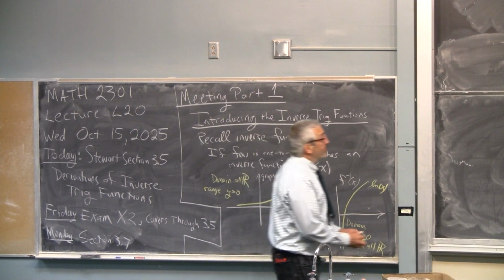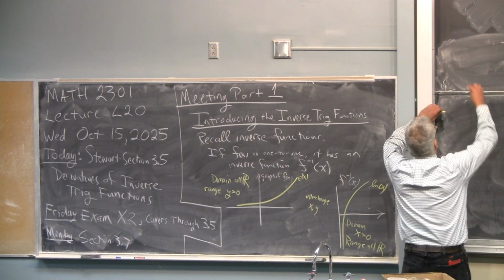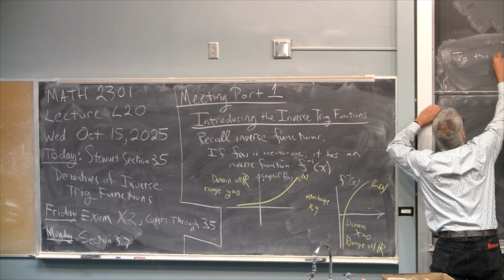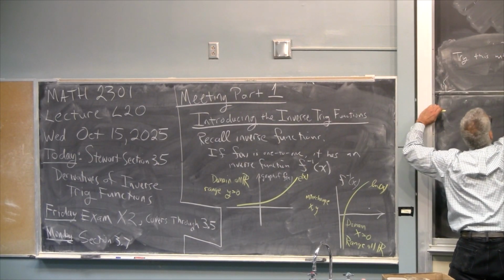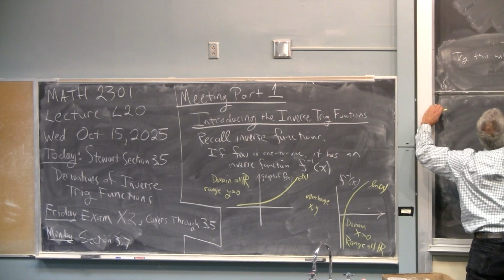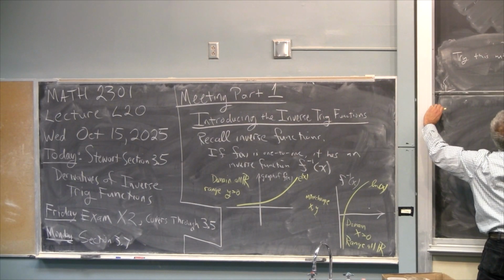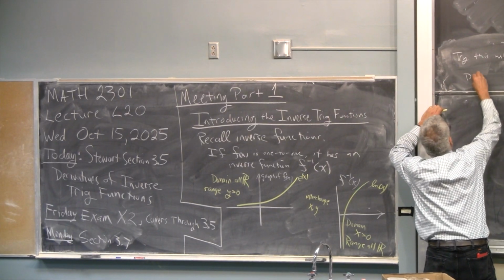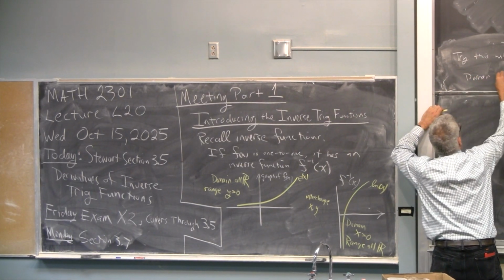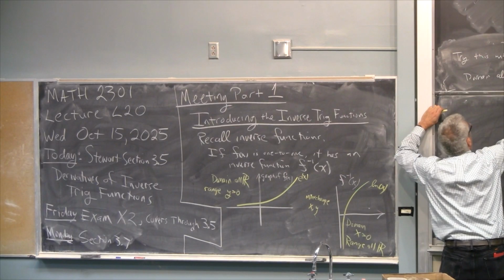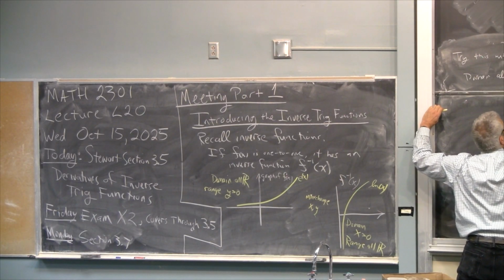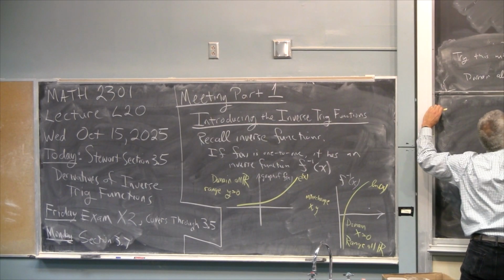So what if we try this with sine of x? Of course, with f of x equals sine of x, the domain is all real numbers, and the range is the numbers from -1 to 1, inclusive.